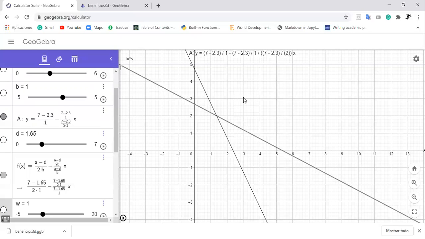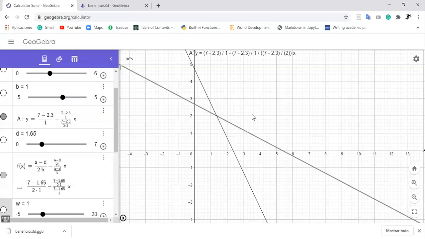So in this case, no firm is maximizing its profits because it's not over each line. It's a point that lies outside the lines, so no firm is maximizing profits. It's not a good point for the firms. It's not a good strategy to produce 3 units each.